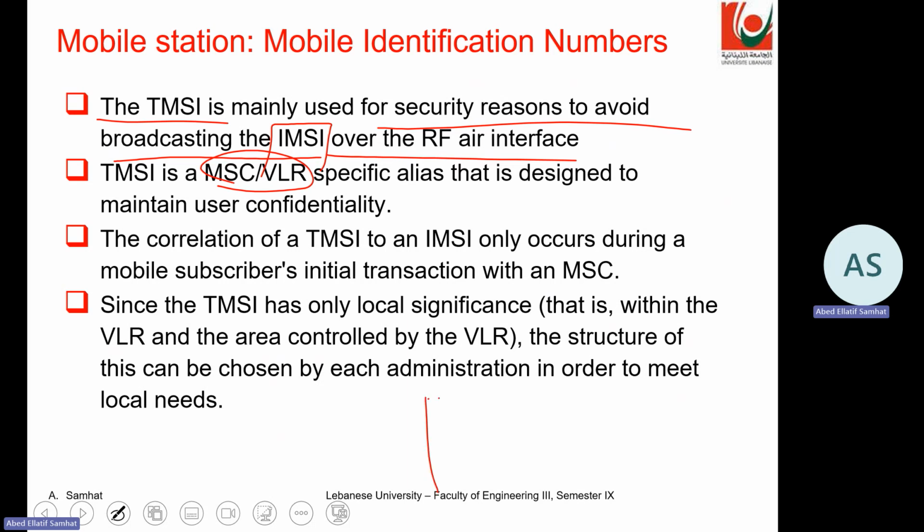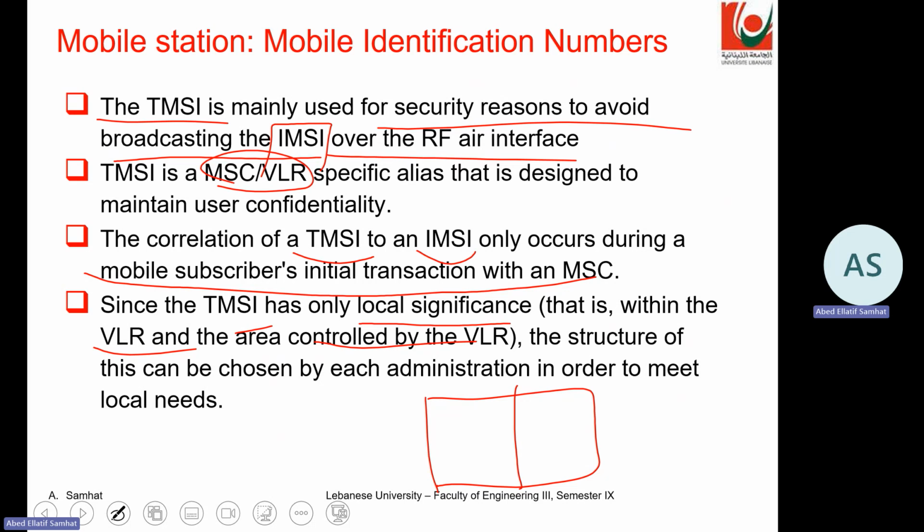We have a correlation between the TMSI and the International Mobile Subscriber Identity, which occurs during a mobile subscriber's initial transaction within the mobile switching center. Then the Temporary Mobile Subscriber Identity has only local significance, that is, within the VLR and the area controlled by the VLR. So its structure can be chosen by each administration in order to meet local needs.